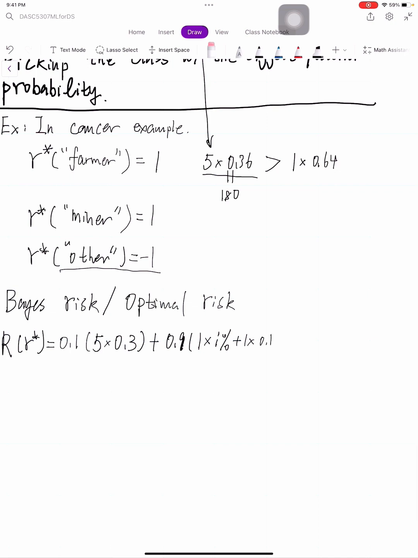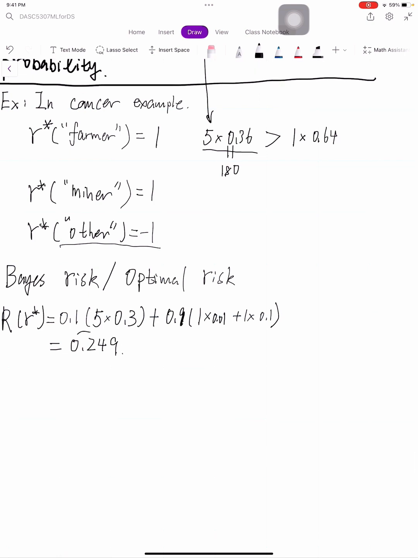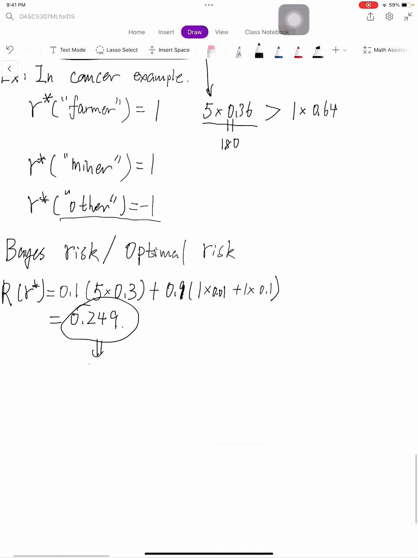So this is the overall risk. And this gives a value equal to 0.249. So this is the optimum Bayes risk if you assign the loss function. No other decision rule will give lower risk than this one.